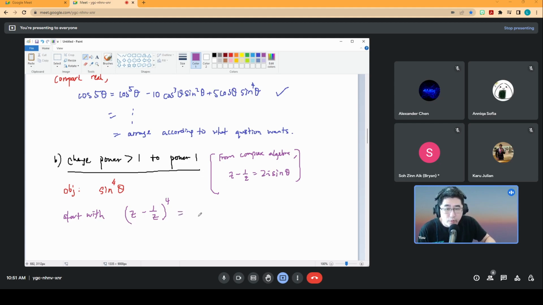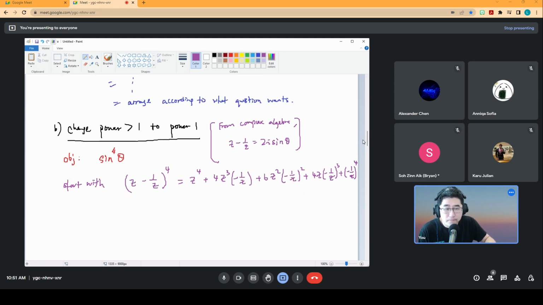Then I do binomial expansion again. So z power 4 plus 4z cubed negative 1 over z plus 6z squared negative 1 over z squared plus 4z negative 1 over z cubed plus negative 1 over z power 4. Are you okay with the binomial expansion? Yes. Now I replace from complex algebra that we have learned.